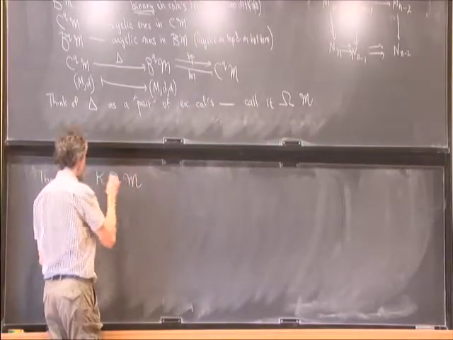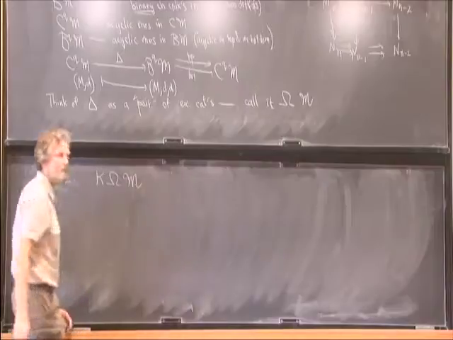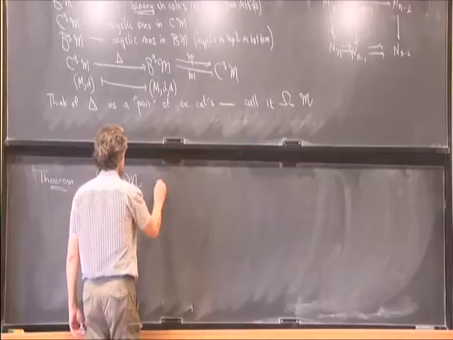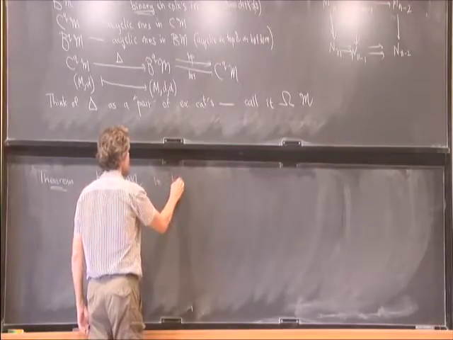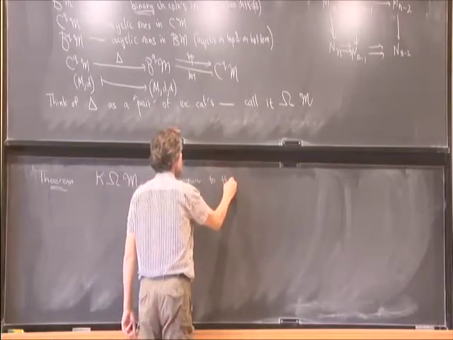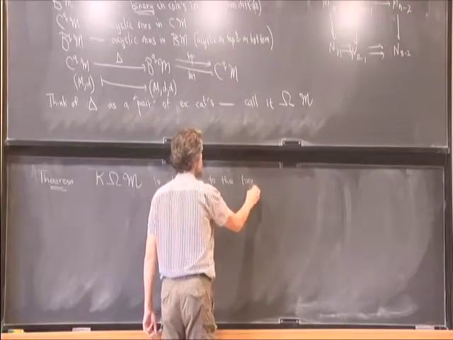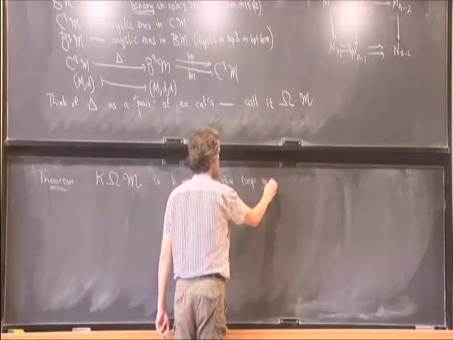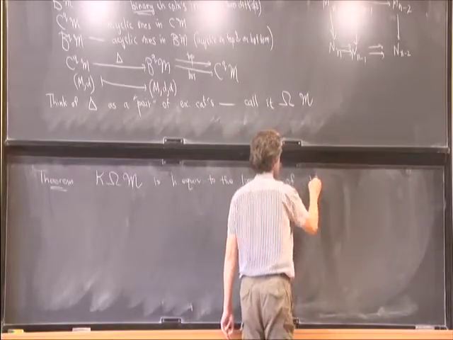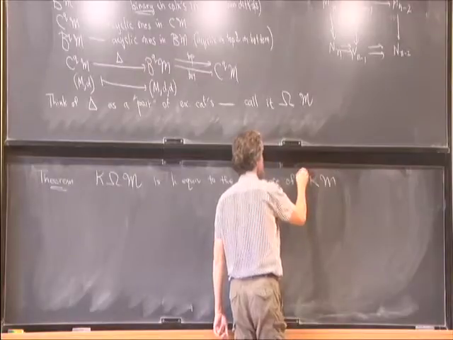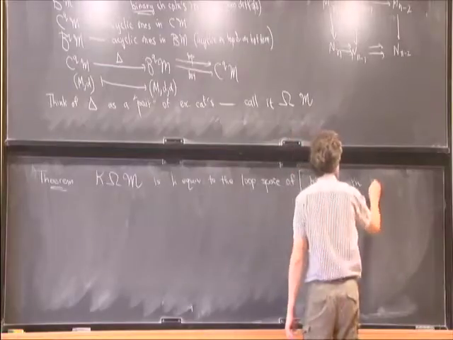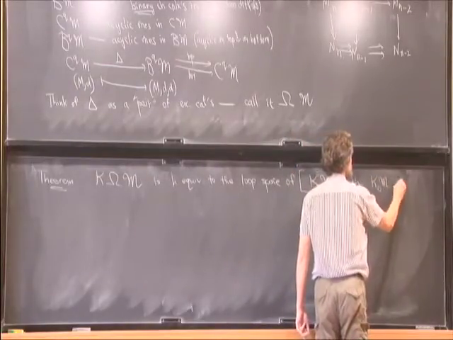If you take the K-theory of that gadget as a topological space, using Quillen's definition augmented as I just said, then this is homotopy equivalent to the loop space of the K-theory of M. Now I'm going to put parentheses here with K naught of M discarded.